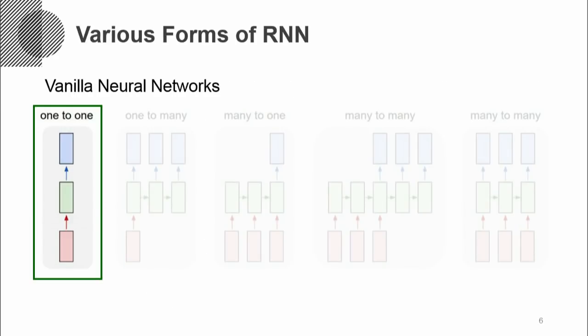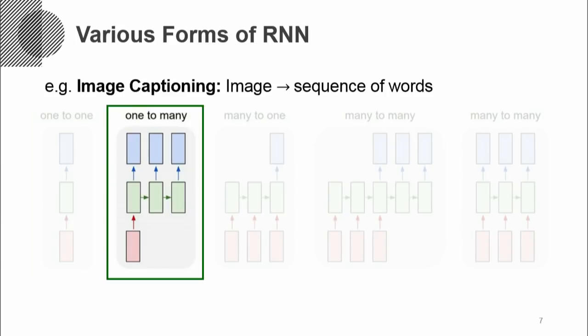And in terms of input and output settings, RNN can be categorized into several different problem settings. So suppose we are given this vanilla neural network where we have input and output, and then we have some neural network module that transforms the input to output. So in this case, there is no notion of time steps or sequence information.